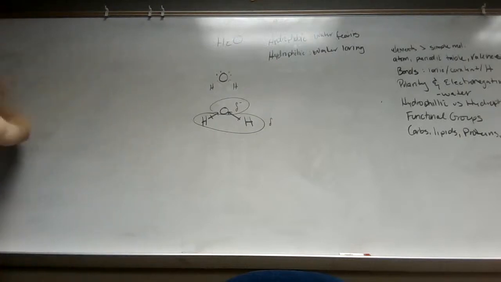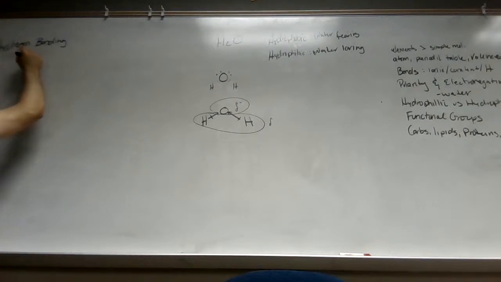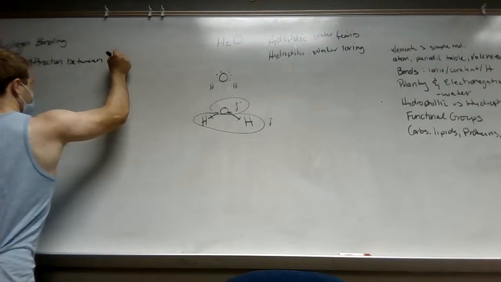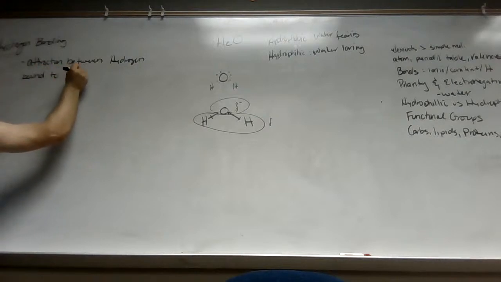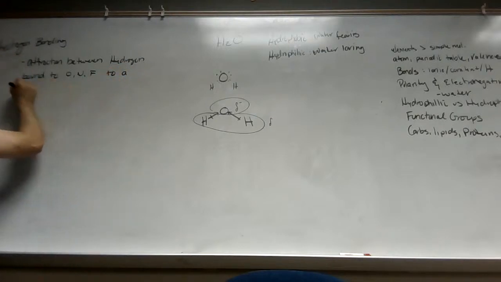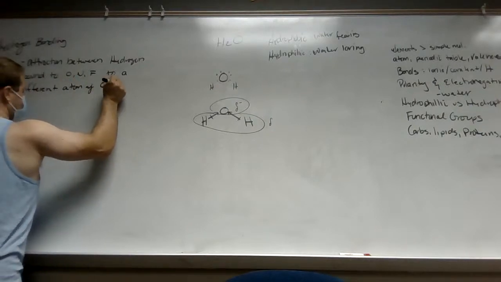So hydrogen bonding is the interaction between hydrogen bound to oxygen, nitrogen, or chlorine to a different atom of oxygen, nitrogen, or chlorine.